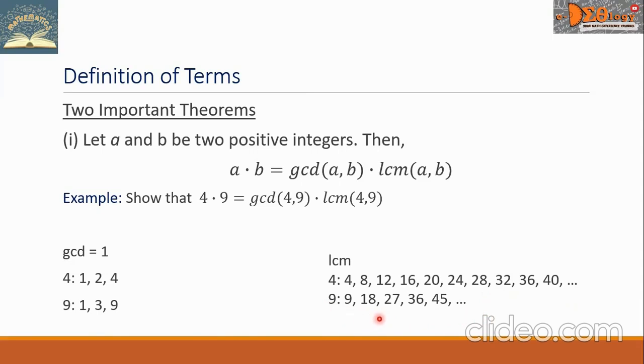So the least common multiple of the numbers 4 and 9 is 36. Now, let us substitute the corresponding values in the formula. On the left side, we write the product of 4 and 9, and that will be 36, equals the GCD of 4 and 9, which is 1, times the LCM of 4 and 9, which is 36. So on the right side, 1 times 36 is 36.